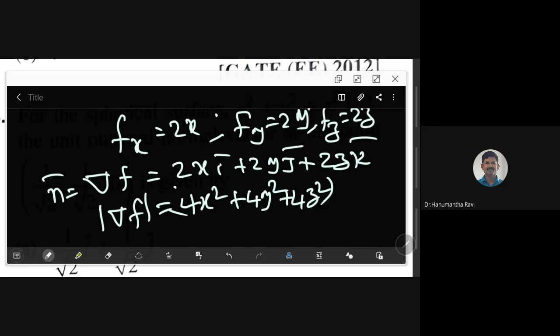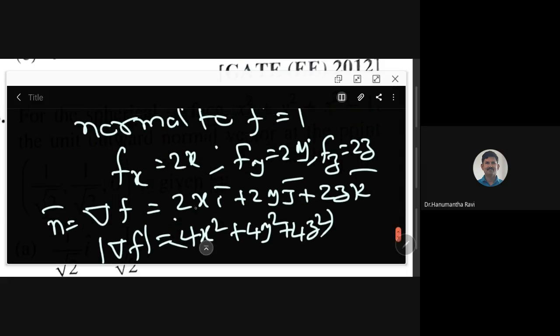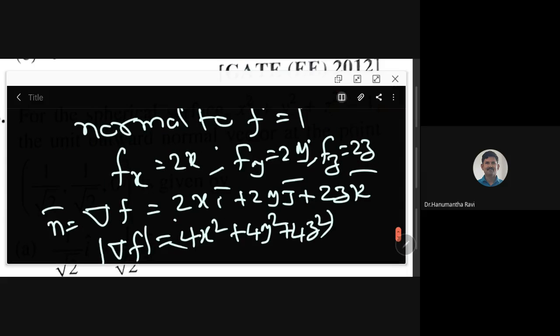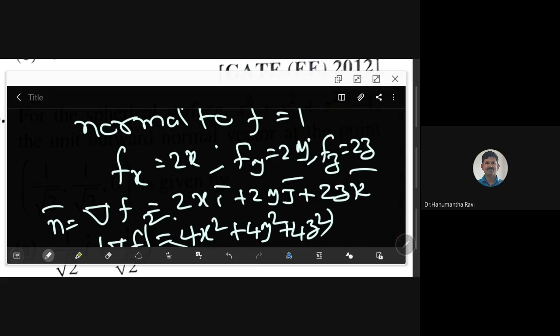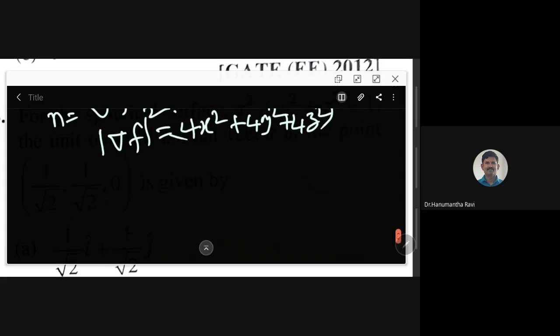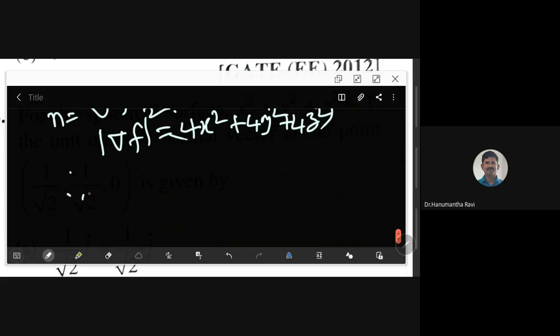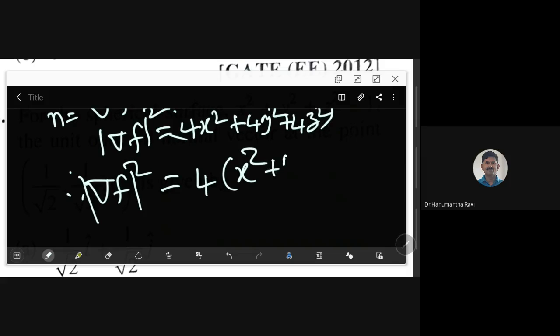But on the other hand, the square root is there, so I write here square. Therefore, grad of f whole square, that is the norm squared, is 4 into x square plus y square plus z square.